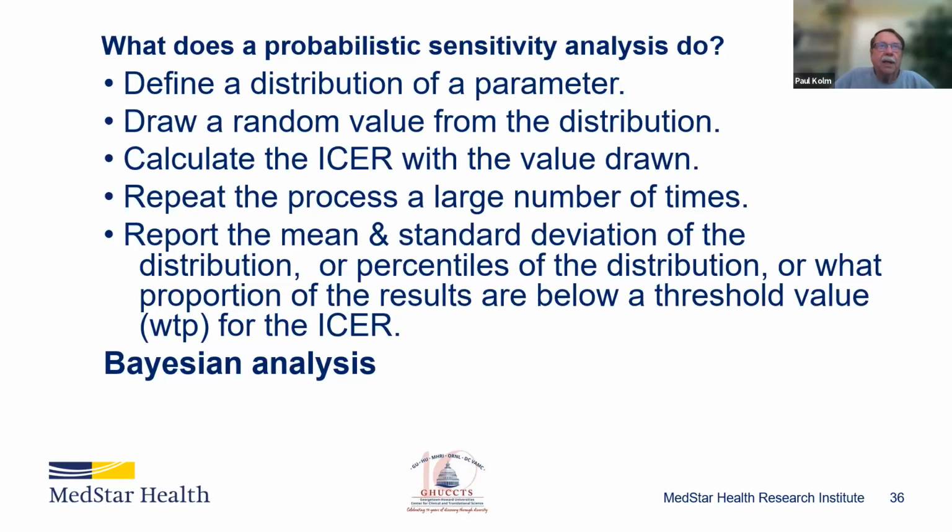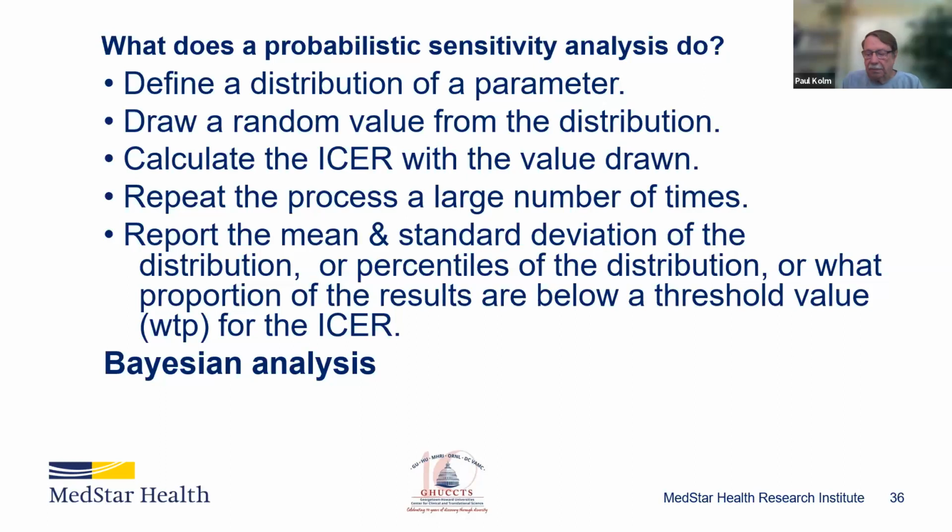And we're going to calculate the ICER with the drawn values. We're going to repeat this process a large number of times. Obviously, we're doing this in simulation. And then we report the mean and the standard deviation of the distribution, or the percentiles of the distribution, or what proportion of the results are below a threshold value for the ICER.